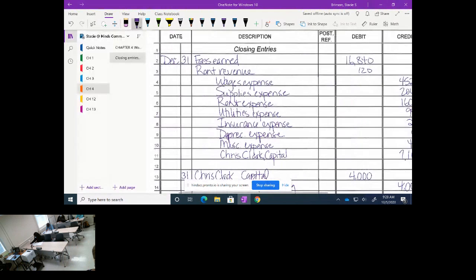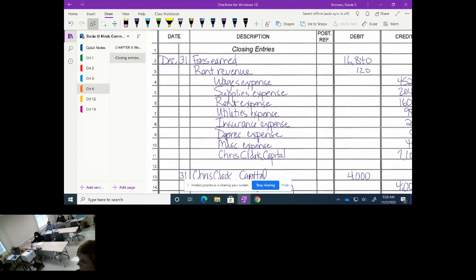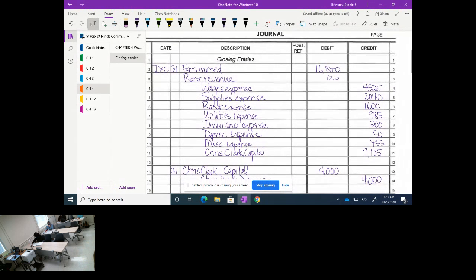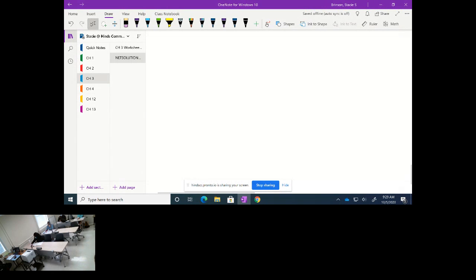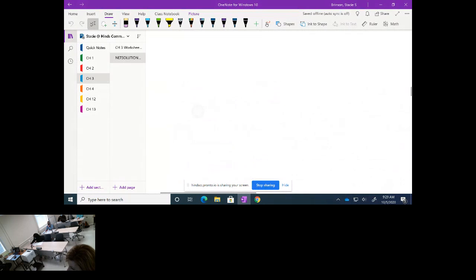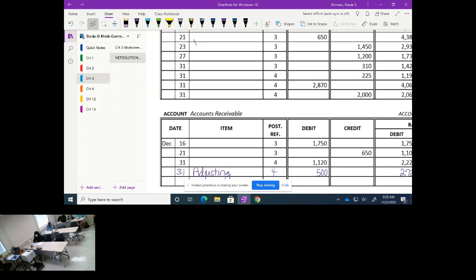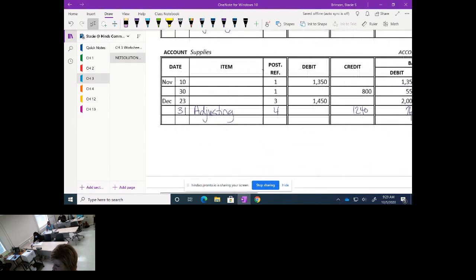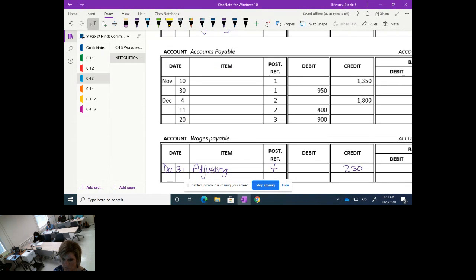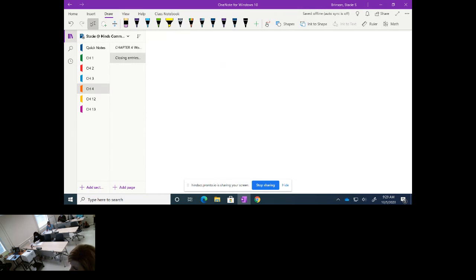So we've got our ledger here. All right, our first line of our closing entries was to debit fees earned. I guess we could assign page 6 to this.